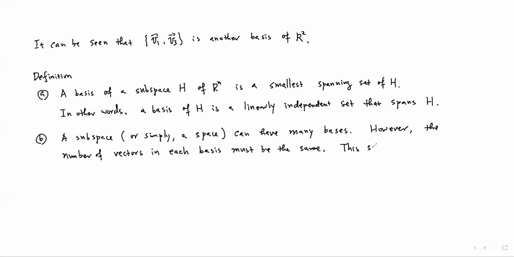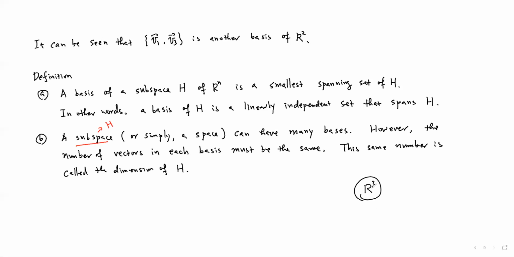This same number is called the dimension of, how about let me give a name to the subspace, say H. The same number of vectors is called the dimension of the subspace H. R3, we usually call it three-dimensional space.